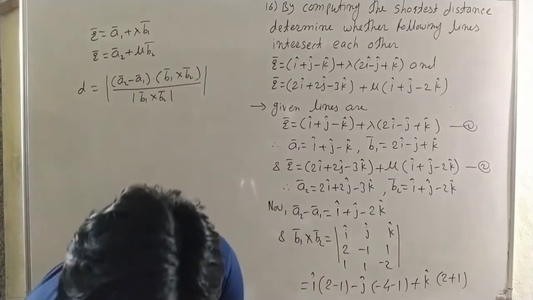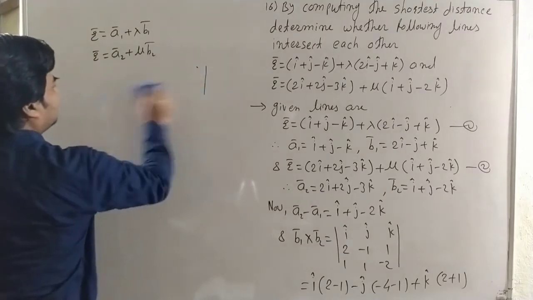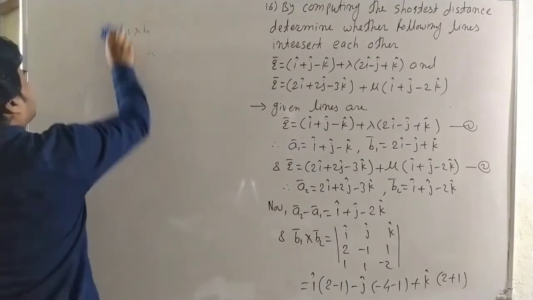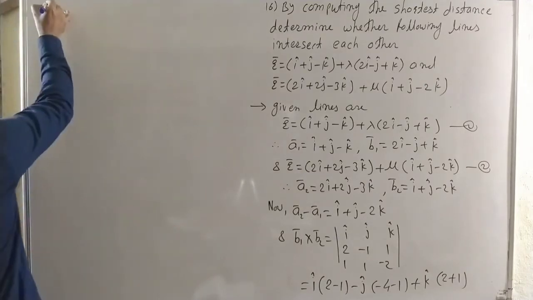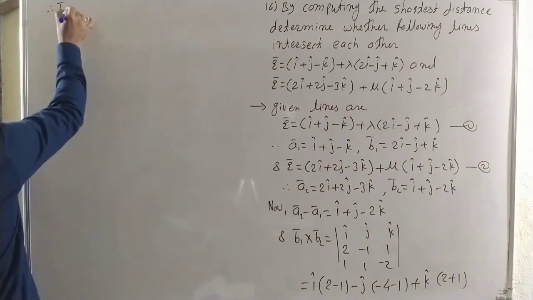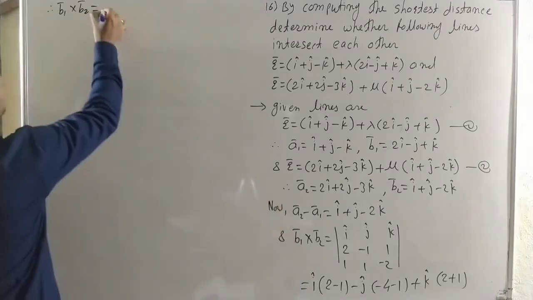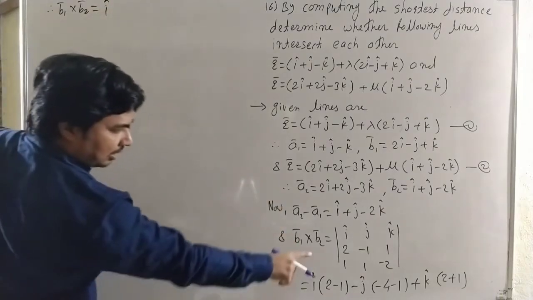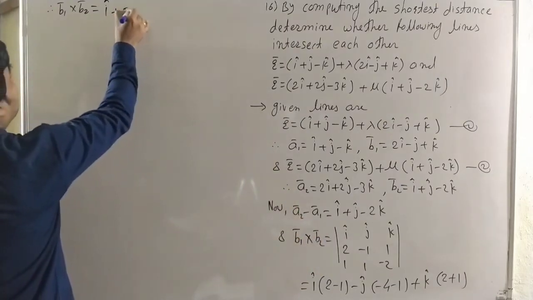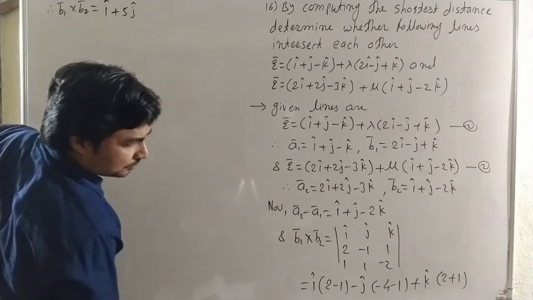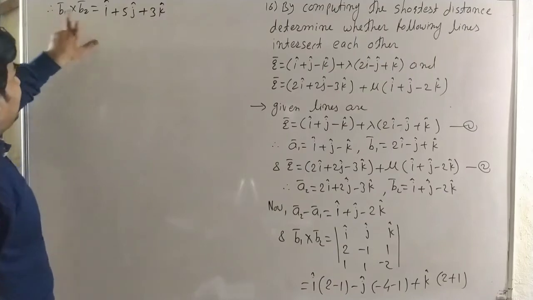Now we can write b1 cross b2. Therefore b1 bar cross b2 bar is equal to i cap, then minus (minus 4 minus 1) is minus (minus 5), so plus 5j cap, and lastly plus 3k cap. This is the value of b1 cross b2.